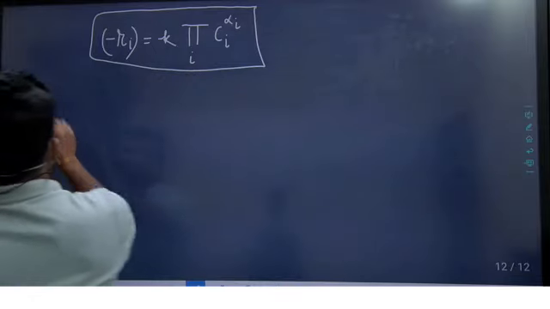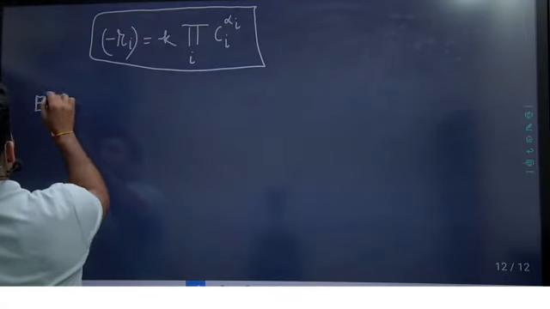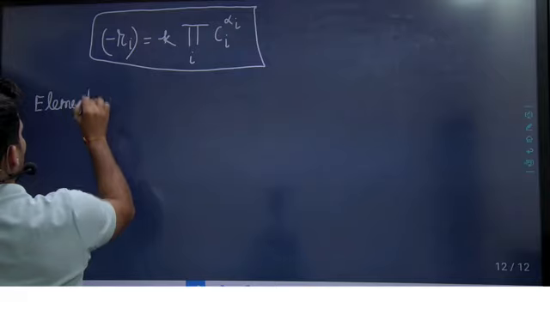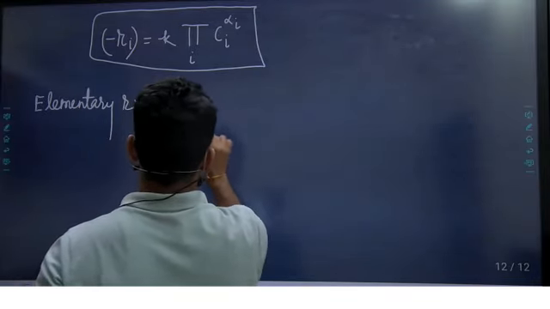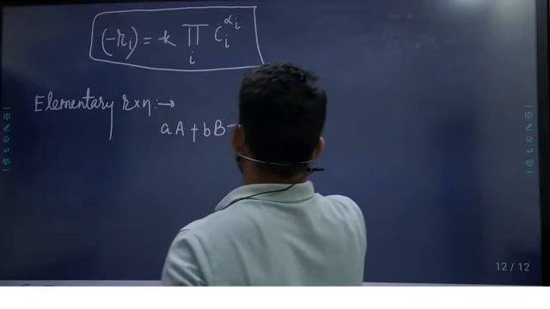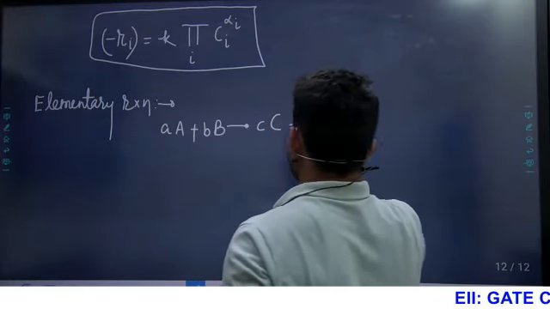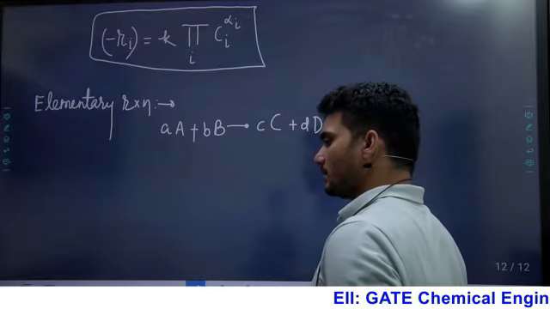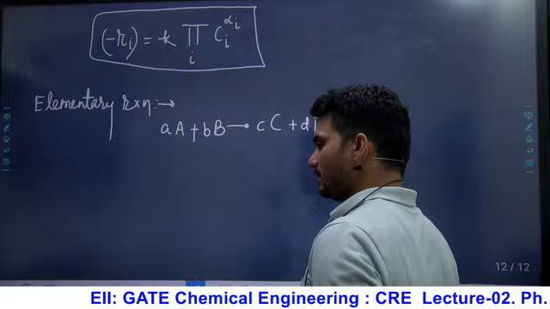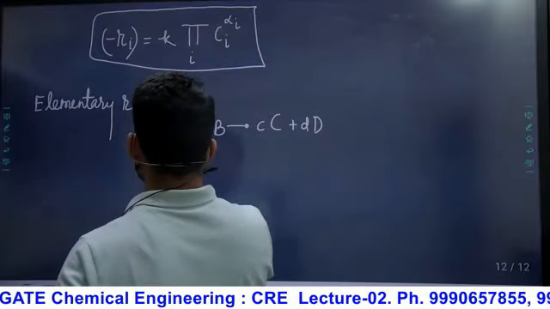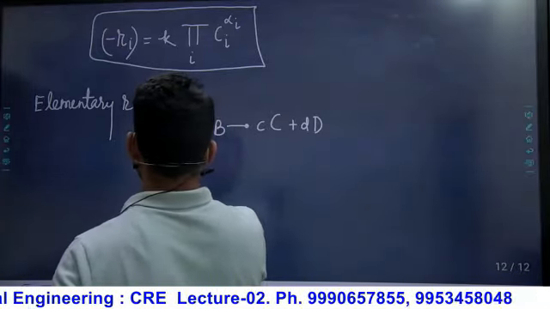Now try to understand. If I take an elementary reaction, A plus B gives C plus D, and I say this is an elementary reaction, what can you write for the rate of disappearance of A?